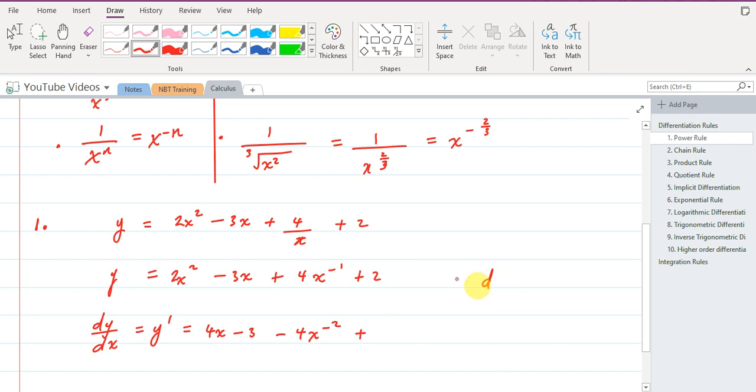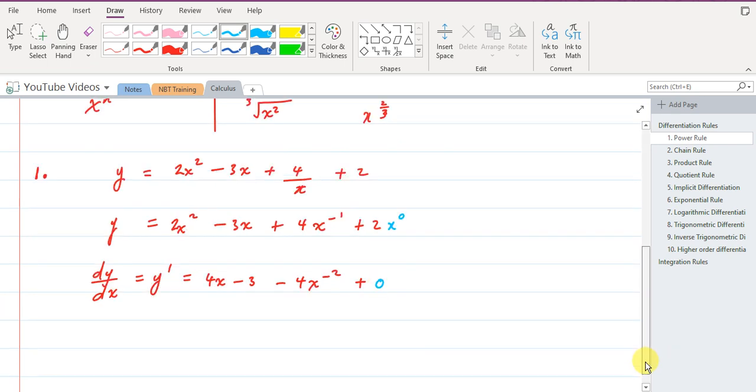Why is the derivative of a constant 0? Because next to the 2, we can write x to the power 0, and x to the power 0 is 1, so 0 times 2 is just 0.